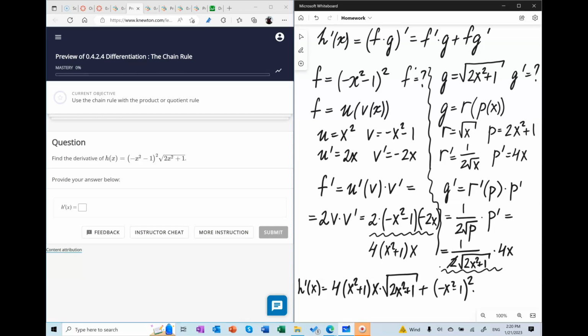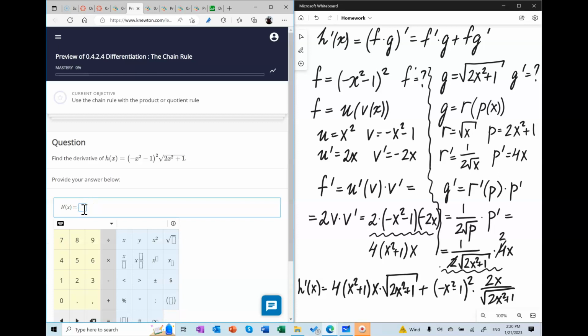So this 2 and this 4 can be reduced, and then 2x can be written in the numerator, so it's 2x over the square root of 2x squared plus 1. And that's the final answer. Now, it can be reduced, simplified, but that's not the purpose of this exercise, so let's just start typing it.